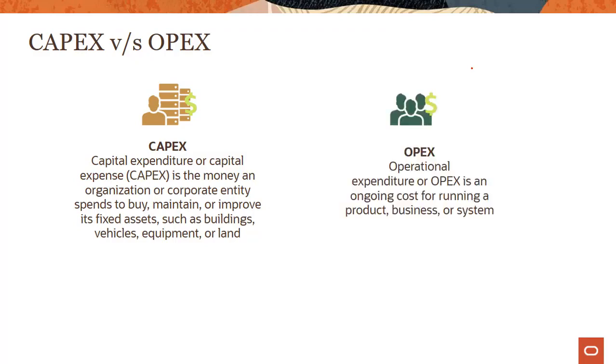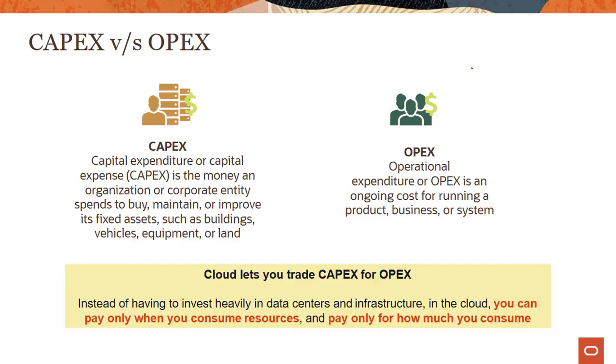An example of operational expenditure or OPEX is the ongoing cost. So, for example, in your data center, you are getting a power bill, the utility bill. That's an example of OPEX. The labor cost is an example of OPEX. And what makes cloud so interesting is it lets you trade CAPEX for OPEX.